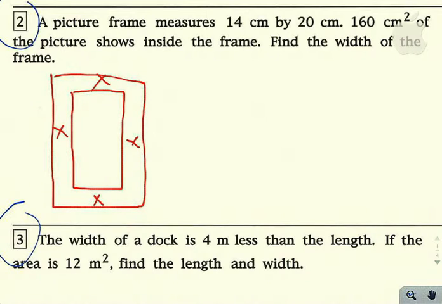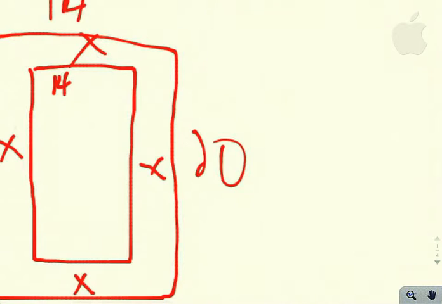Well, that means that this has to be 14 minus 2x.